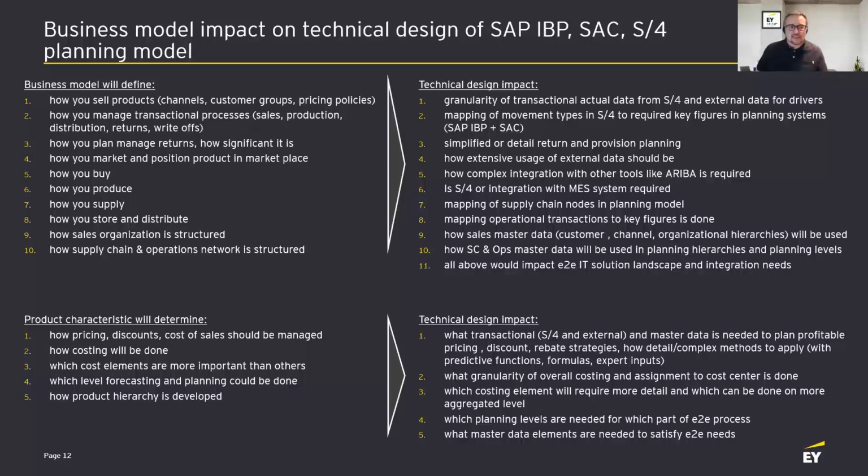Last but not least is really about how the sales organization, as an example in point number 2.9, is being structured. It is important because later on you have to reflect that with the appropriate master data elements, because you will do the planning as close as possible to what the business organization is, because then it's easier to get the best insights of this specific organizational unit.